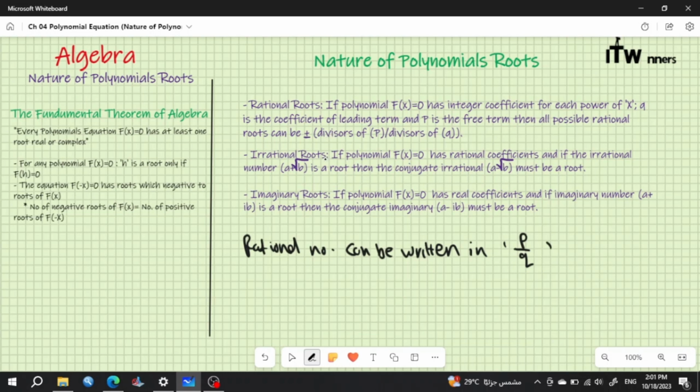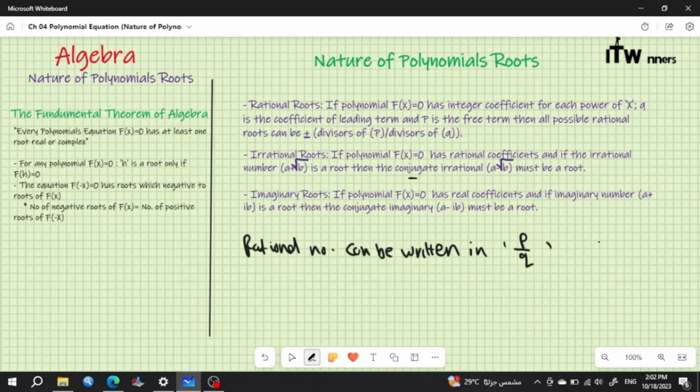And for irrational roots, if I have a polynomial equation f(x) = 0 with rational coefficients, and the irrational number a plus square root of b, which can't be written as p/q, is a root of the polynomial equation, then the conjugate irrational number a minus square root of b must be a root.